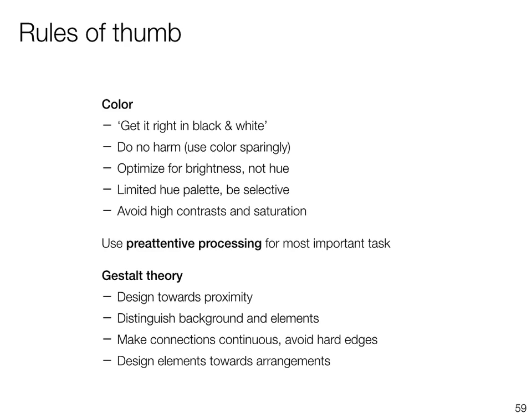So for that matter, also the principle of not doing harm: only using color and contrasts sparingly, to optimize for brightness and not hue, to limit the color palette and be selective when you're using it for categories, and also, as I said, to avoid high contrast and saturation.